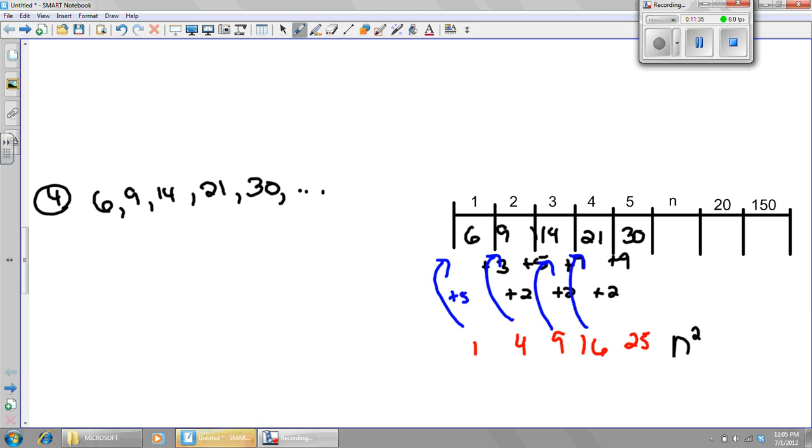So plus 5, plus 5, plus 5. So we're going to get an n squared plus 5. All right, well, 20 squared is 400 plus 5, 405. This will be 22,505. And there you go, piece of cake.